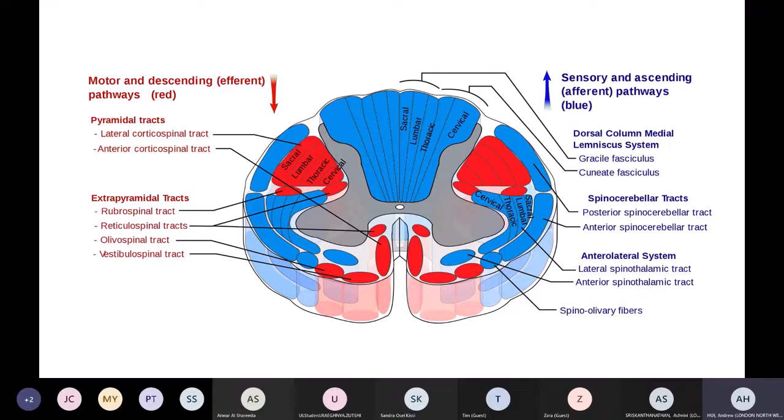But for the spinothalamic tract, remember all our nociceptive fibers enter the spinal cord, then they move 1 to 2 levels up, then they synapse with a second order neuron which crosses over the spinal cord, and then the rest of the pathway heads up as the spinothalamic tract. That means you've damaged the spinothalamic tract, which controls the contralateral side. So you have a contralateral loss of pain and temperature sensation.